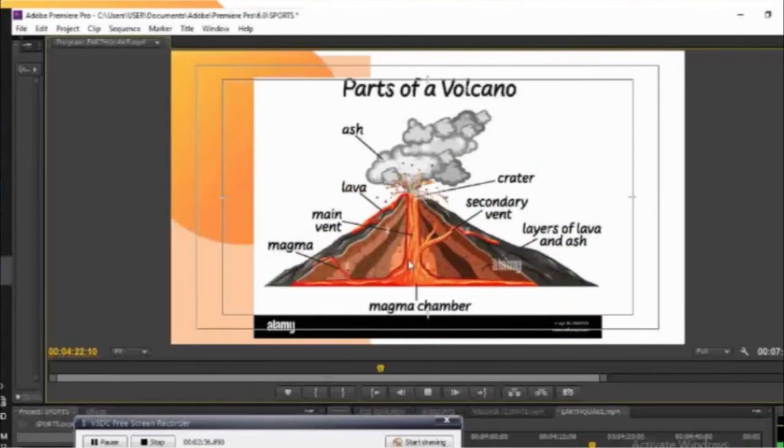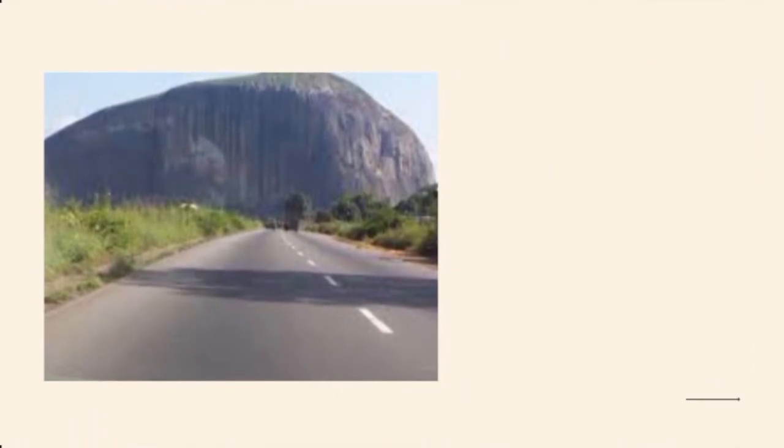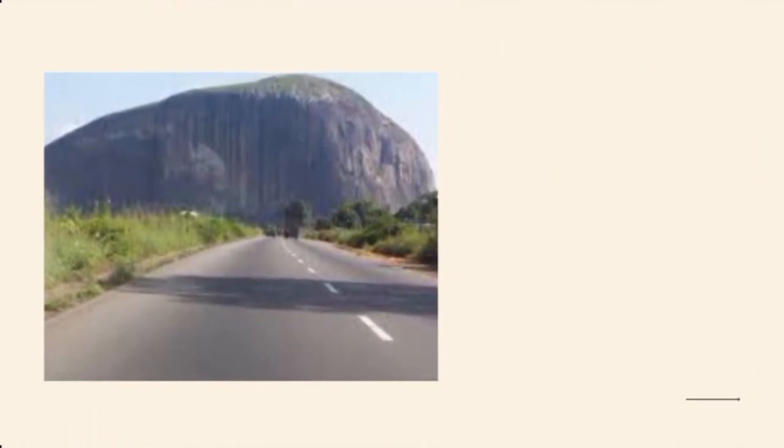This one finds its way outside and forms outside the earth's surface. Examples are the basaltic plateau in Nigeria, Aso Basalt near Kafanchan, Jos Road, Longuda Plateau between Benue and Gongola River.